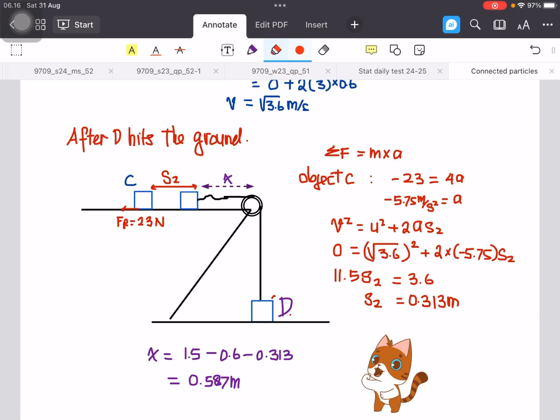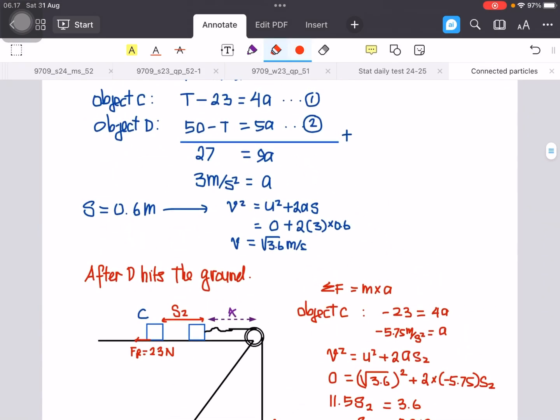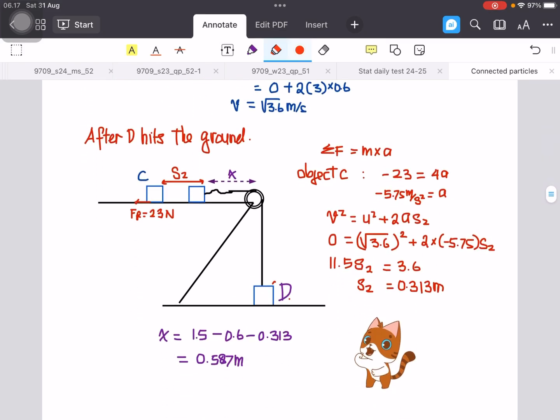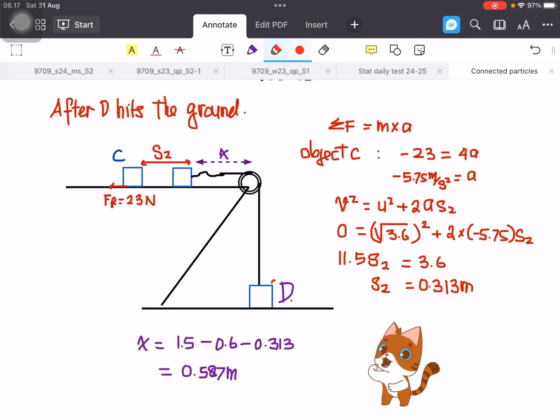In fact, because there is resistance on particle C, now particle C will decelerate until it stops. So we are still using this equation for particle C, but we just remove the tension, because once particle D hits the ground, there is no more tension on particle C because the string becomes slack.